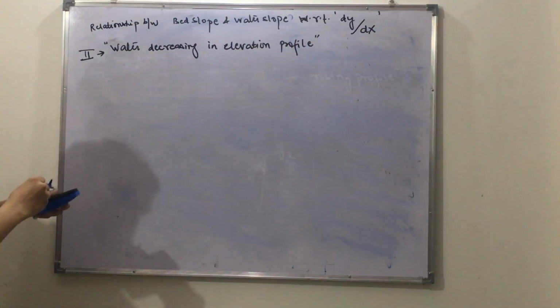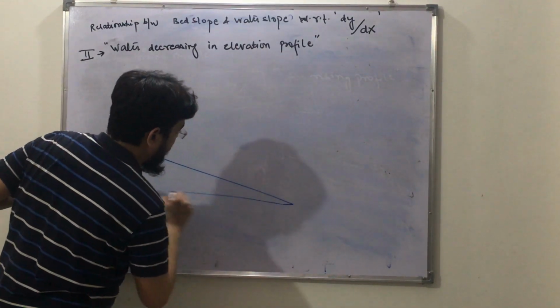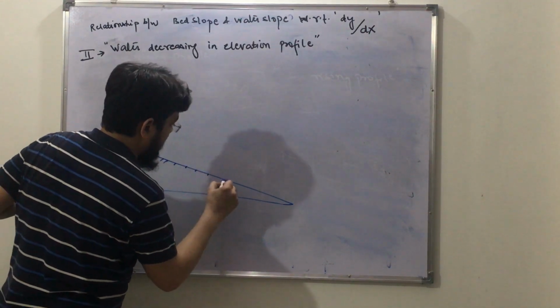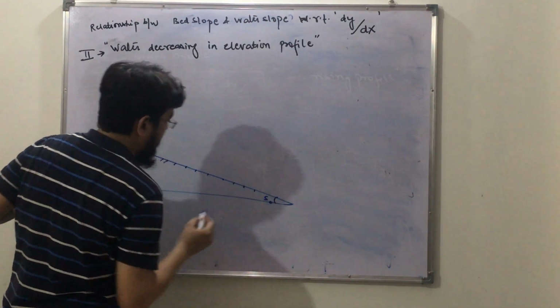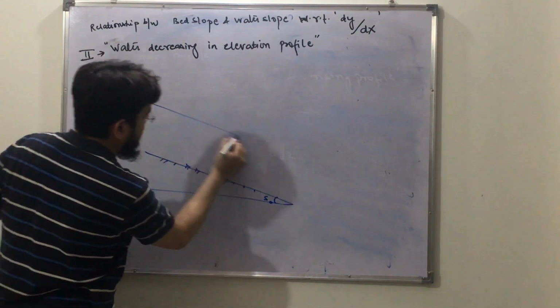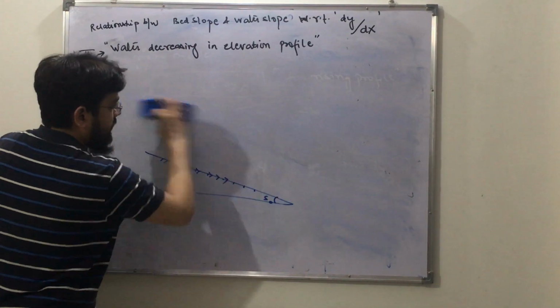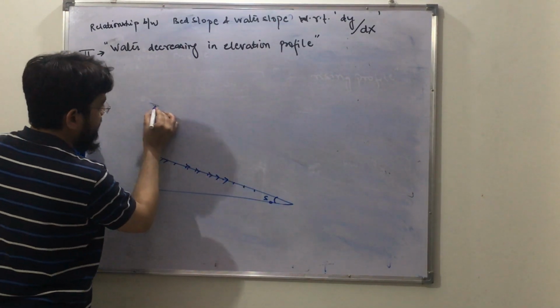We will see this. Again we have a bed slope having its slope S naught. We draw a line parallel to this bed slope.